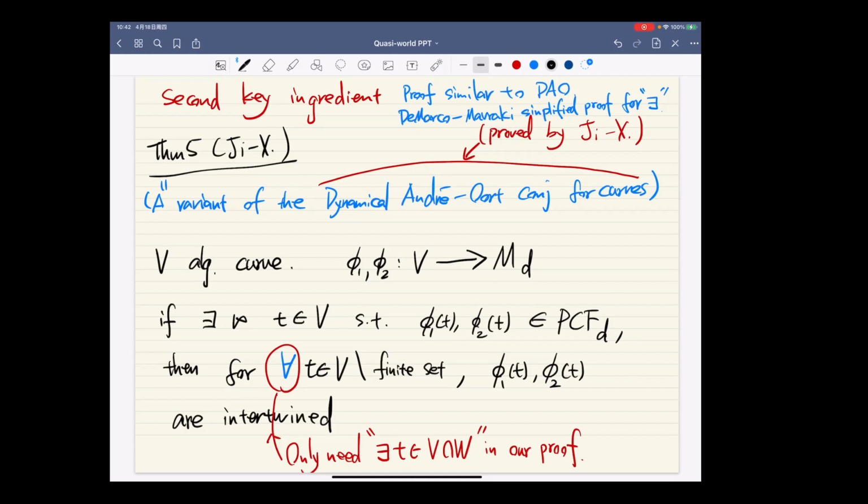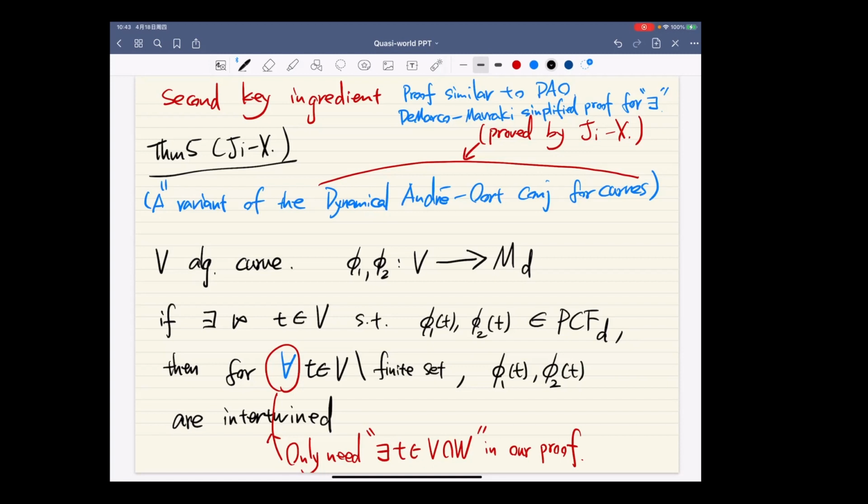And recently, DeMarco and Mavraki told us that if we only want to get the existence part, not for every parameter, there is a simplified proof.